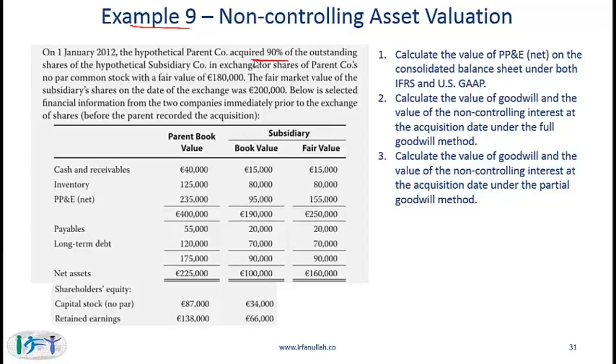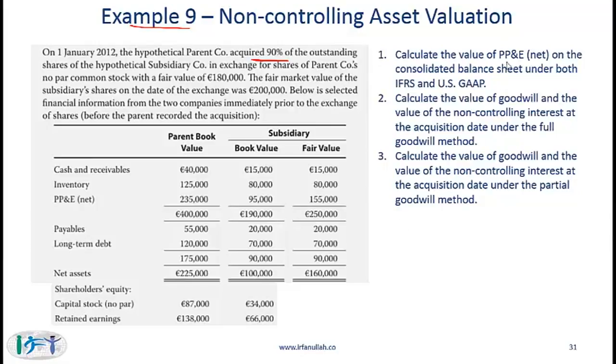So this is more interesting than the previous example, and here there will be a difference between full goodwill and partial goodwill, and there will also be a minority interest. I want you to read this and the questions. What I'll now do is give you some hints, and then based on those hints you try and solve this before looking at the solution.